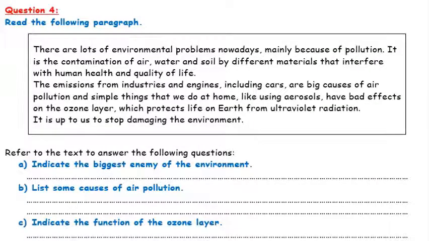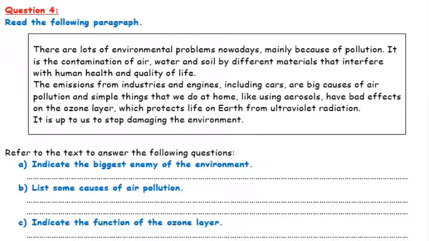There is a paragraph to read in question number 4, then we will together answer the questions. I read the paragraph. There are lots of environmental problems nowadays, mainly because of pollution. It is the contamination of air, water, and soil by different materials that interfere with human health and quality of life.